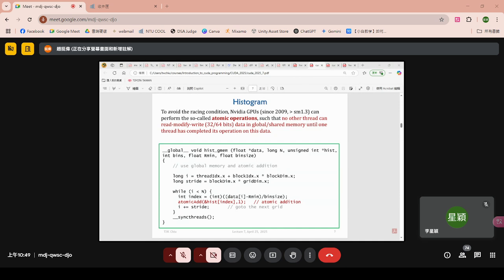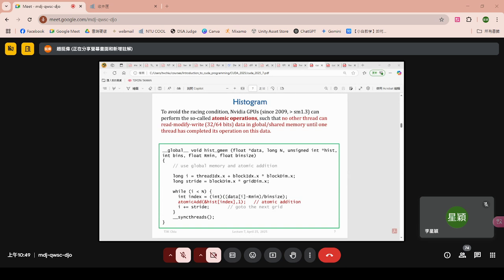In most cases, if everything is correct, this would not happen. So this is the CUDA kernel.